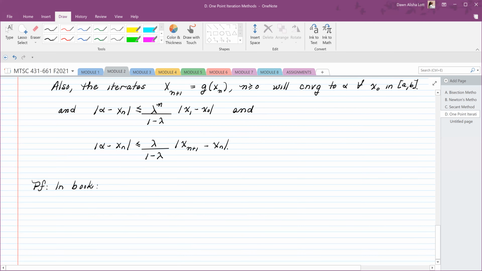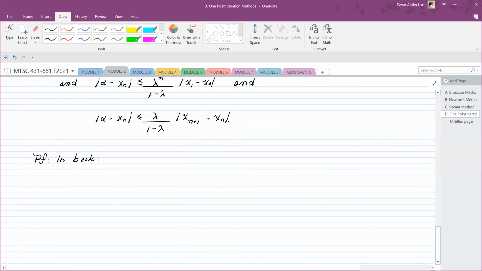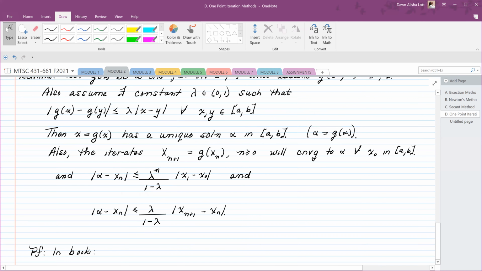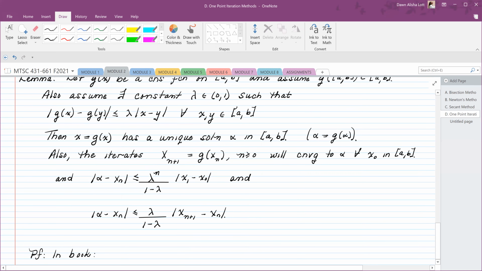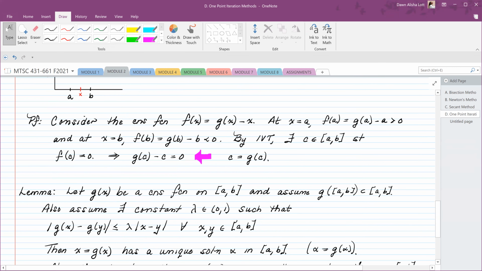So we get another theorem. The key thing about the first condition is that if you take g of anything in the interval [a, b], you're going to get something back in the interval [a, b]. So it's going to completely go around itself.